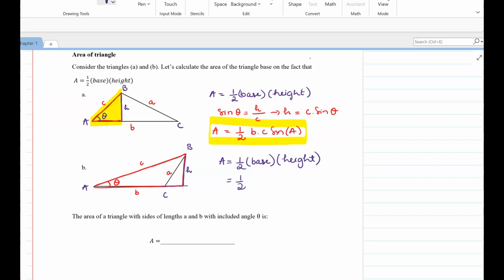That is 1/2 times the base b, times the height h. So here we can see sine of theta is equal to h divided by c. So h equals c sine theta, where theta is the measurement of angle A. So this is 1/2 bc sine of the angle A.